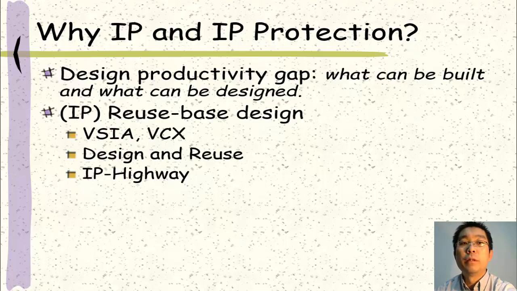Starting from the mid-1990s, there are many industry initiatives on IP reuse. In the US, there are Virtual Socket Interface Alliance, or known as VSIA, and Virtual Component Exchange. And the Design and Reuse is the organization in Europe, and IP Highway is the one in Asia. In reuse-based design, IPs are developed not only for use, but also for reuse.